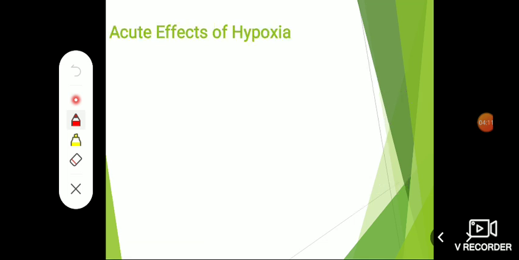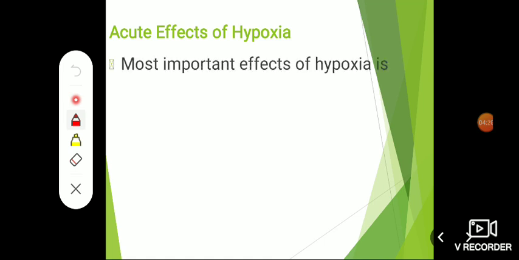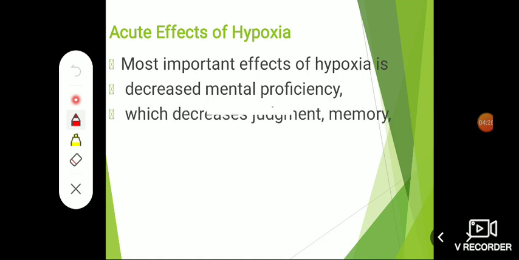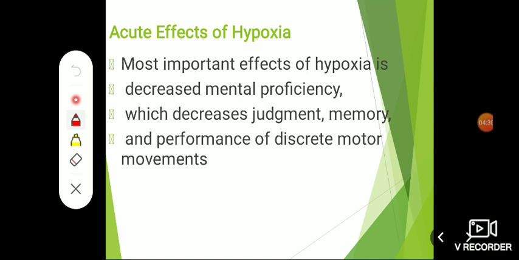So the effect which is elicitable is the acute effect of hypoxia. Acute means immediate. When you are exposed to hypoxia, the immediate effect is decreased mental proficiency, as oxygen is deficient for all activities, which decreases judgment, memory, and performance of discrete motor movements.